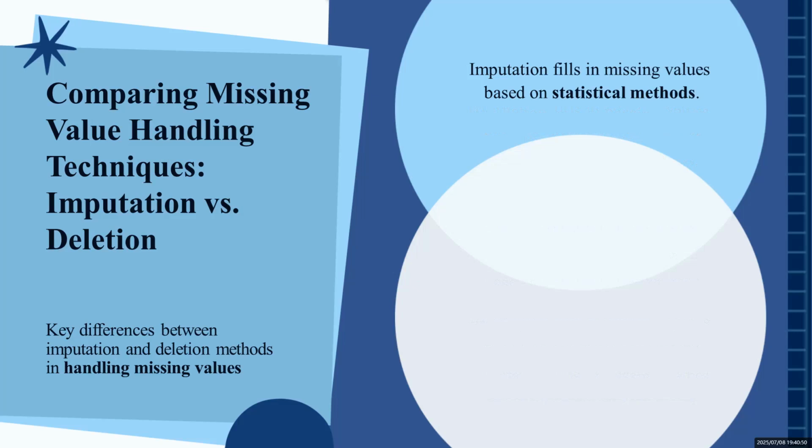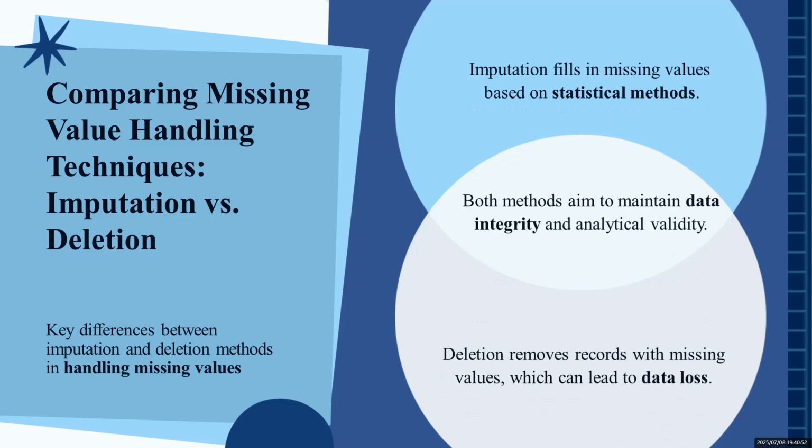All right, so we have deletion. Deletion is a process where we remove the records with missing values. But one of the challenges is that this can lead to data loss, especially when you don't have a huge amount of data. If, for example, you have data that consists of 1,000 observations, meaning 1,000 rows, and you find that close to 500 or let's say 700 data points are missing, then deletion will not be a good option because you're going to be losing a lot of data.